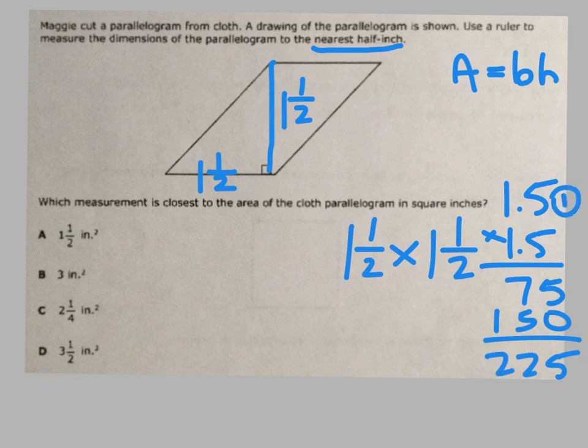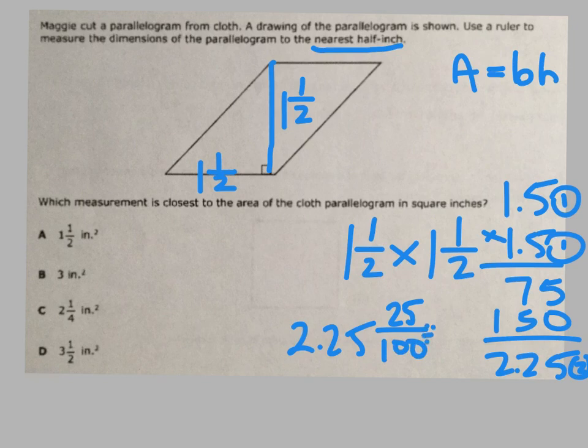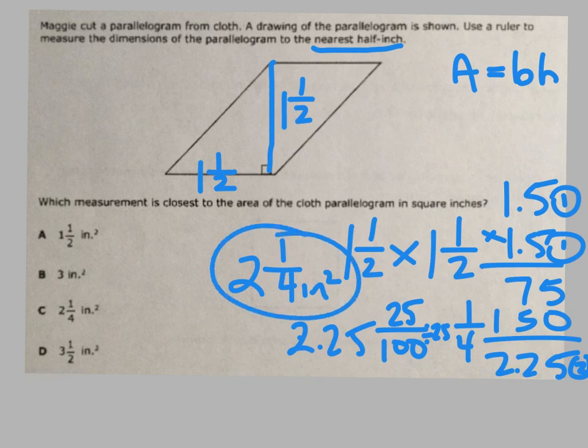One digit to the right here, one digit to the right here, which means 2 here. So 2.25. 0.25 is 25 hundredths. And if I simplify that, I get the fraction 1/4. So 2 and 1/4 square inches, which would give me C.